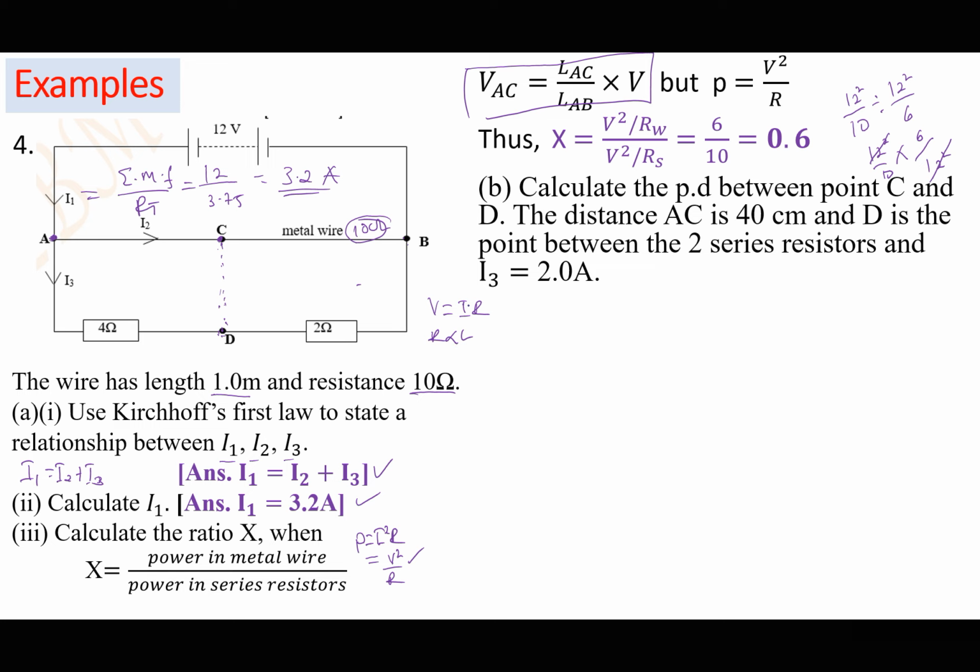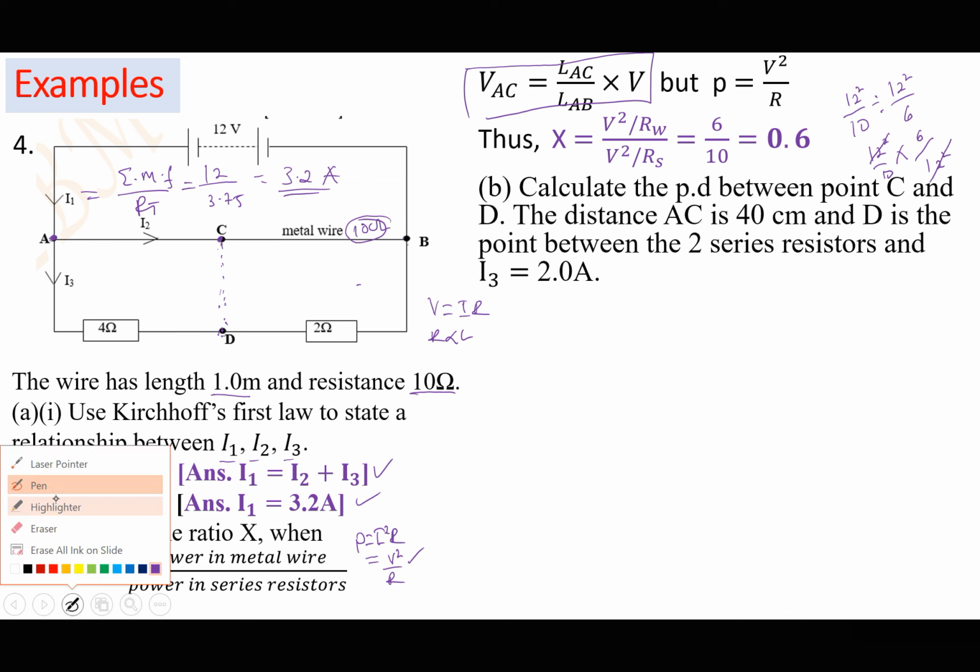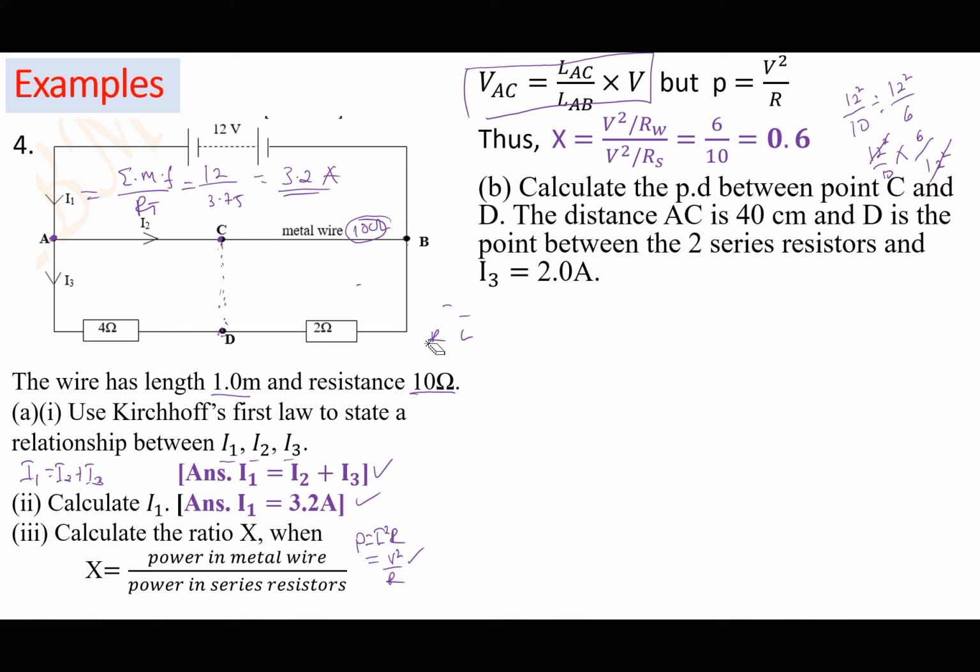That's why the PD across a given section of a wire is directly proportional to its length. In other words, because the PD is divided in the ratio of the resistances, and resistance is directly proportional to length, the PD is divided in the ratio of the length.